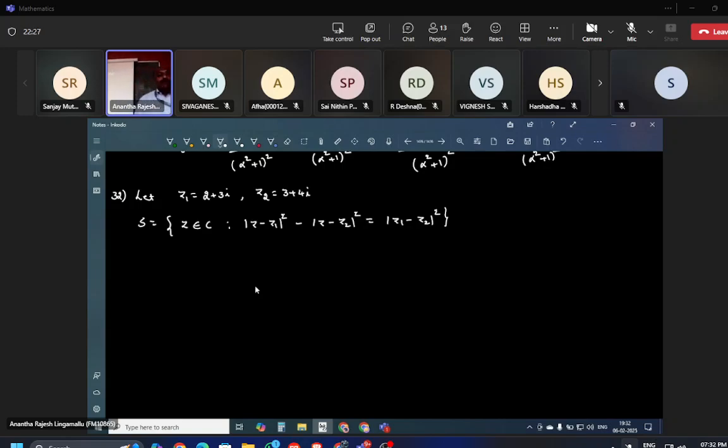If Z1 and Z2 are already given, what is Z1 minus Z2? 2 minus 3, 3 minus 4. So what is mod Z1 minus Z2? Root 2. What is its square? 2. That means the question, can I write it like this: mod Z minus Z1 square minus mod Z minus Z2 square, can I write it as 2?